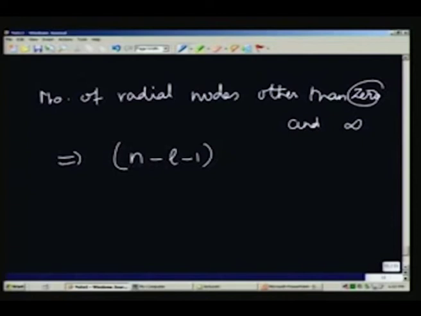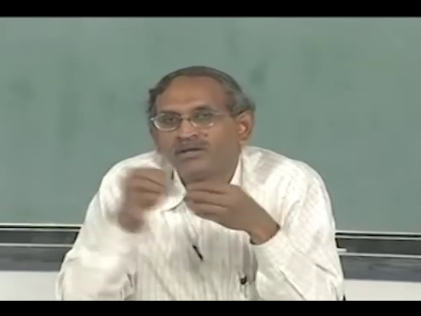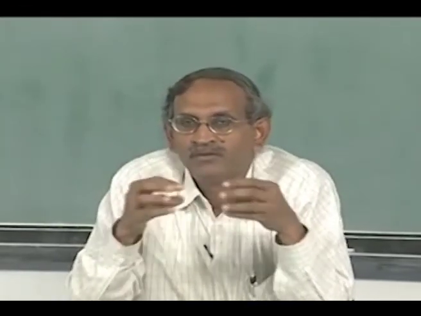If N is 4 and L is 2, 1 radial node, and so on. So the pattern of these functions should be recognized. If we are unable to solve this equation using simple mathematics, we must understand what the functions are and how they behave for different choices and recognize the pattern from them.